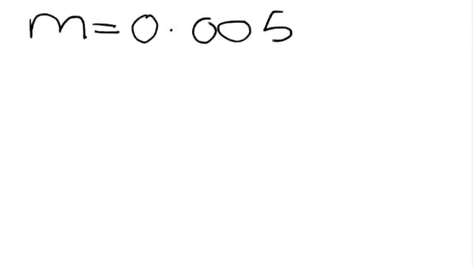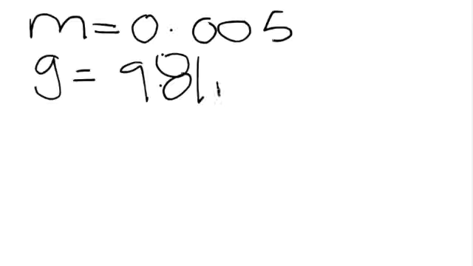So we need the mass converted from grams to kilograms, which is 0.005. We need G, which of course is 9.81 meters per second squared.